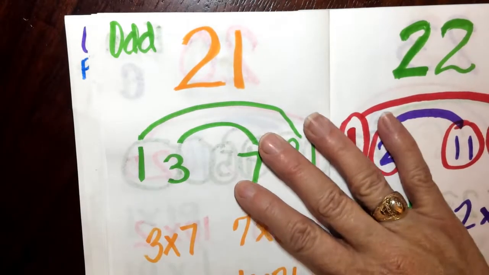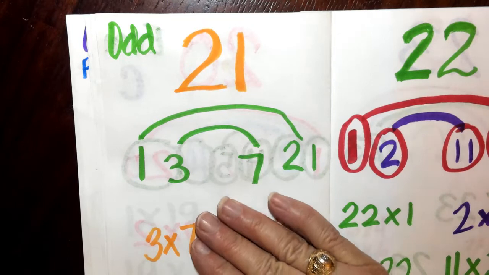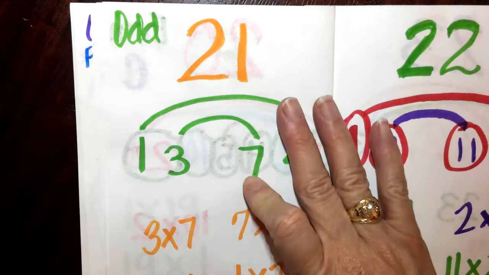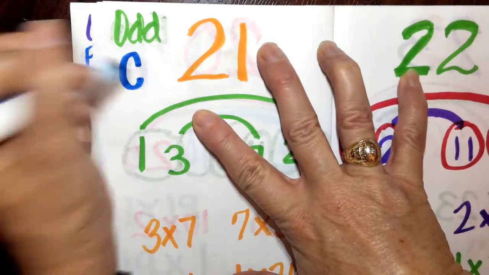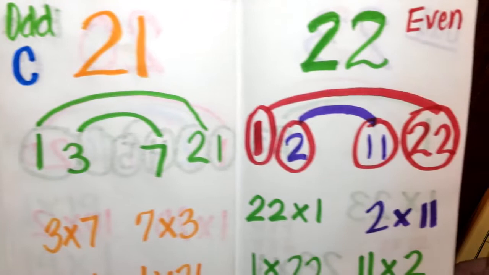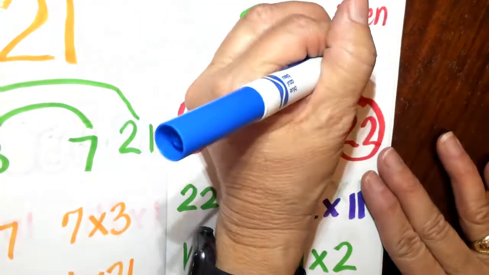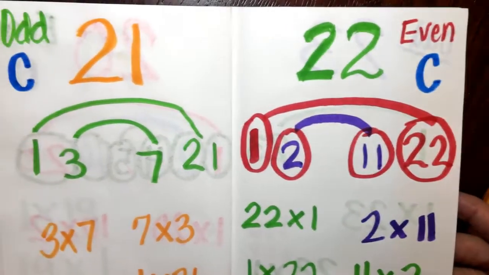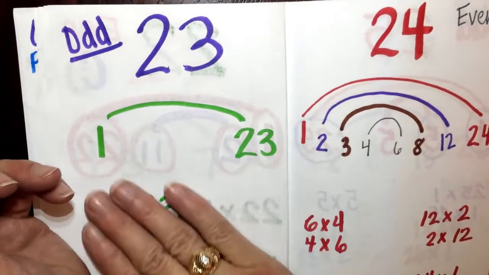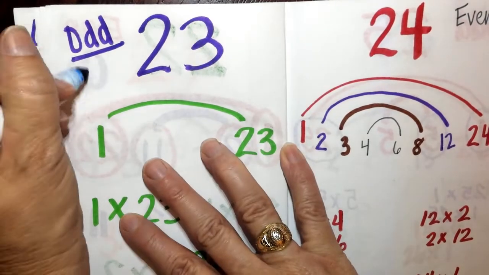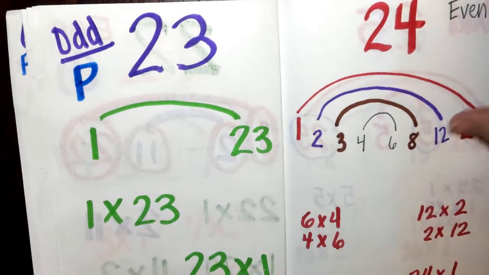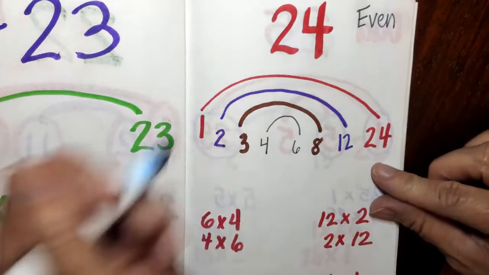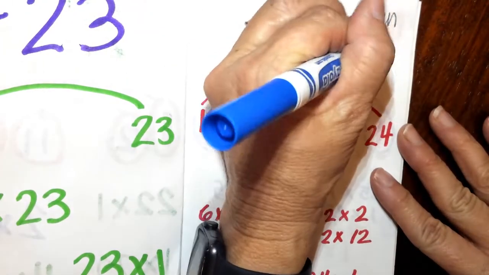Moving on over to the number 21, so many boys and girls want to think that this number is prime, but remember we have more than just two factors for the number 21, so this one is composite. 22 is even, so we know that it is composite and it has multiple factors. 23, only two factors, so we know that this one is prime. 24, again it's even, so it's composite, but it has tons of factors.